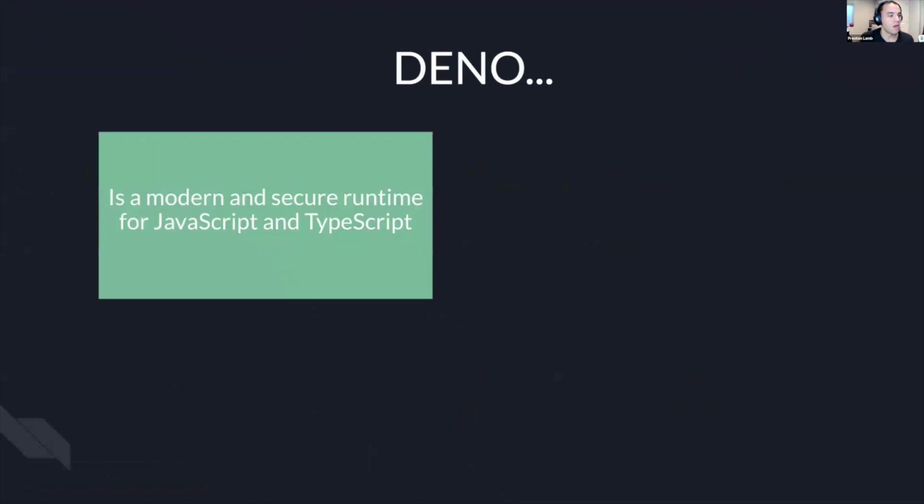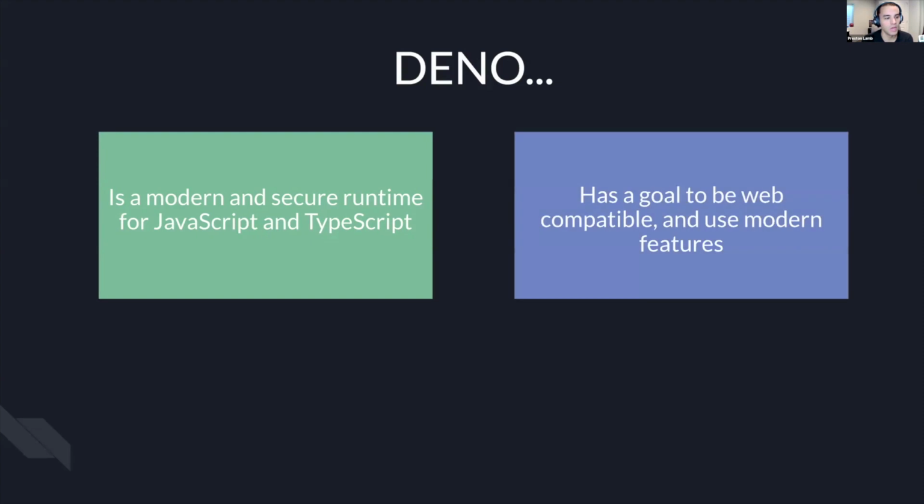So for those of you who don't know, Deno is a modern and secure runtime for JavaScript and TypeScript. The V1 was released earlier this year, but you may have heard a little bit about it over the last maybe 18 months or 2 years that it's been announced. So that's what it is, a modern and secure runtime.